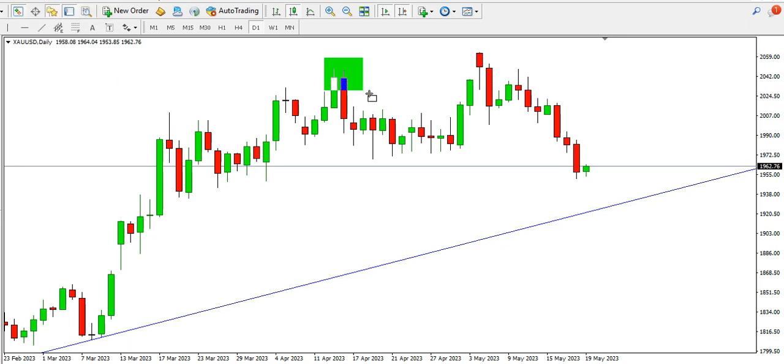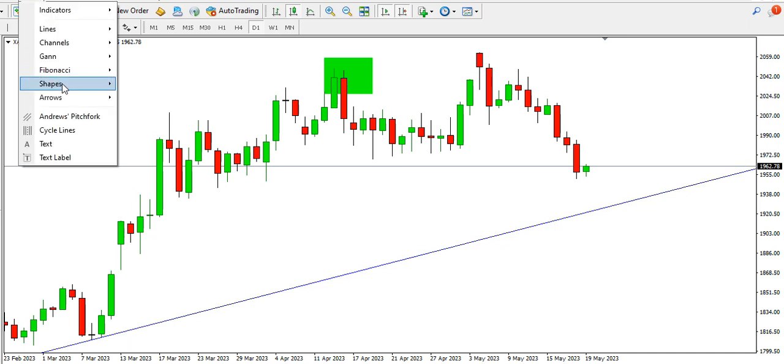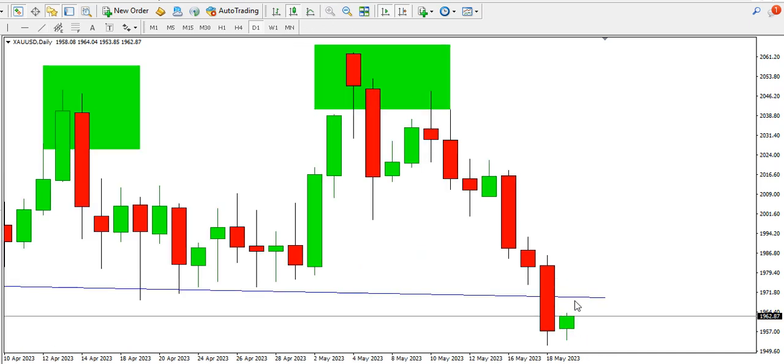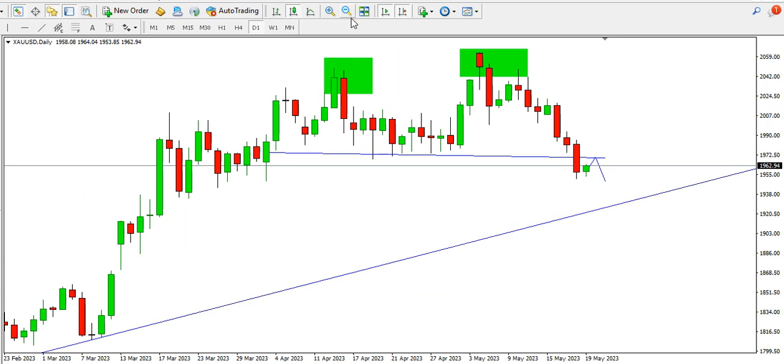This is the first top, and this is the second top, and price has broken the neckline of the double top. But it appears as if price is recovering to retest the neckline, so you might want to buy for some time before price starts to descend. That's that on the daily time frame.